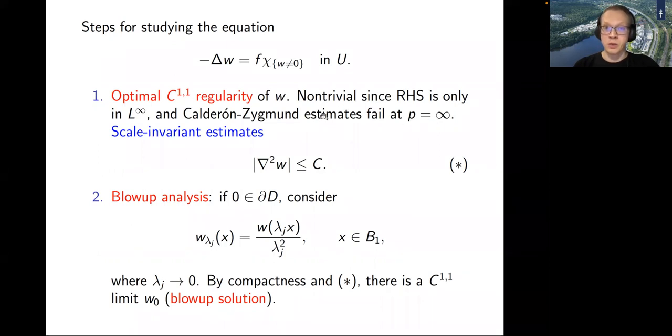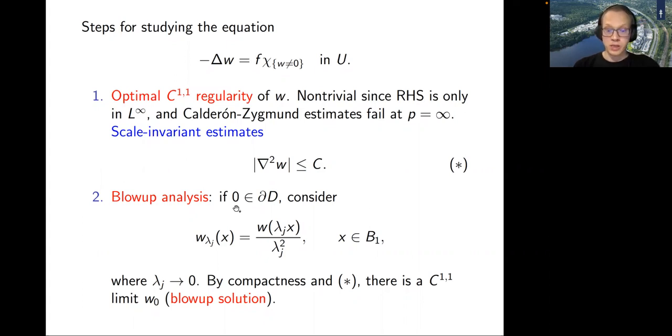You have to use some special property of this equation, basically the vanishing of the solution W outside of the obstacle, to get the C^{1,1} regularity. But this is well understood in the free boundary literature, and you get these scale-invariant estimates that the second derivatives of W are uniformly bounded. The next step is to start to do a blow-up analysis.